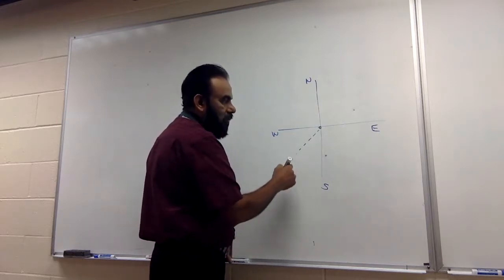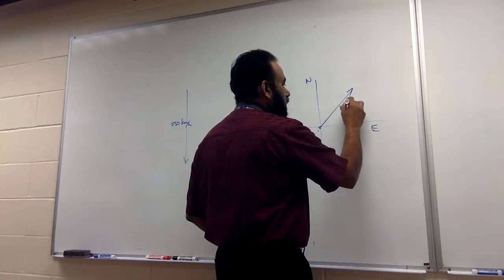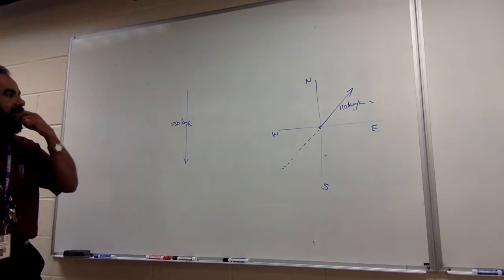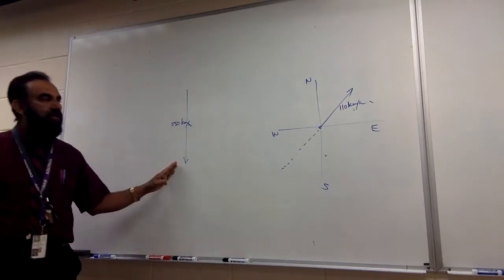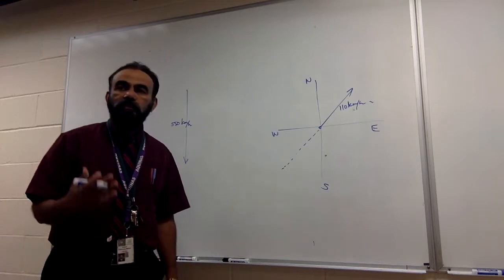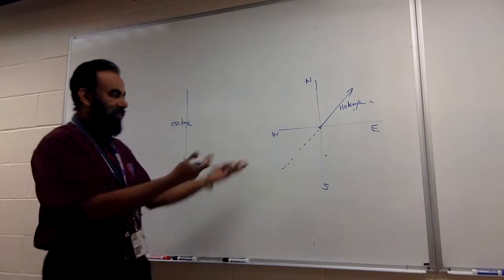At 110 kilometers an hour. So the wind is blowing like this at 110. So we have two vectors now. This is what the plane is doing. This is what the wind is doing. Now you want to use cosine and sine rules. If you want to do resolving, then you can start from here.